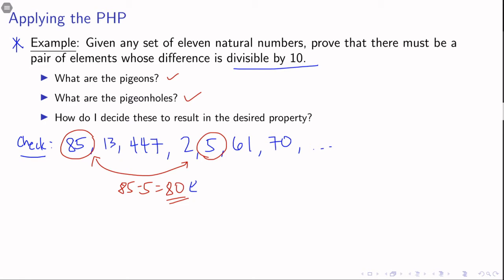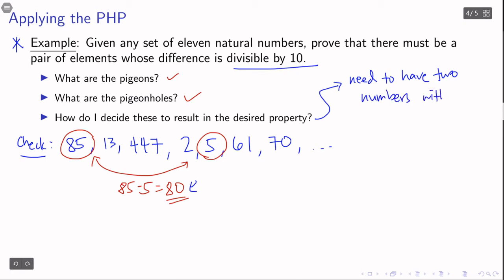And so really what this tells me is, in order for me to get the desired property, I need to have two numbers with the same last digit in my list of 11. And that's sufficient to guarantee that desired property.